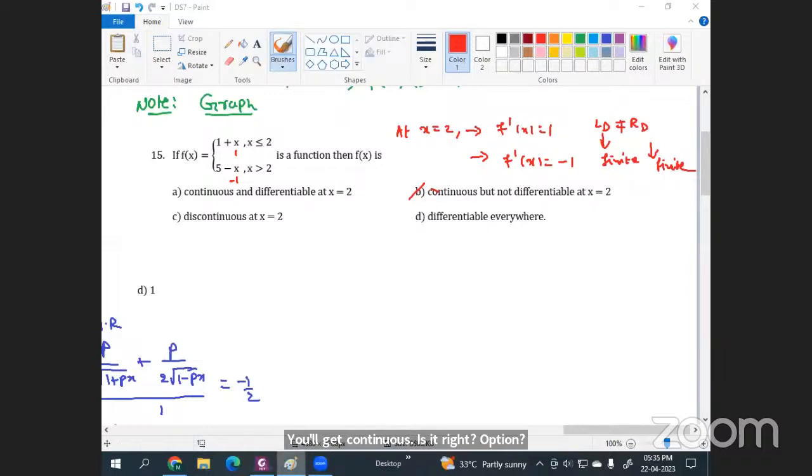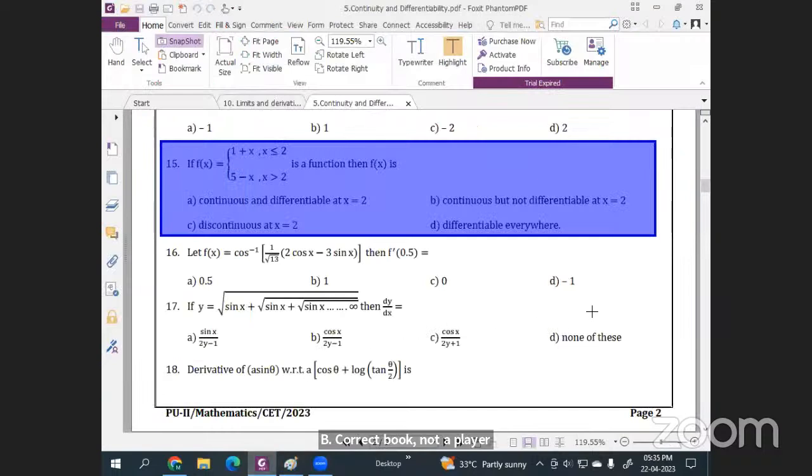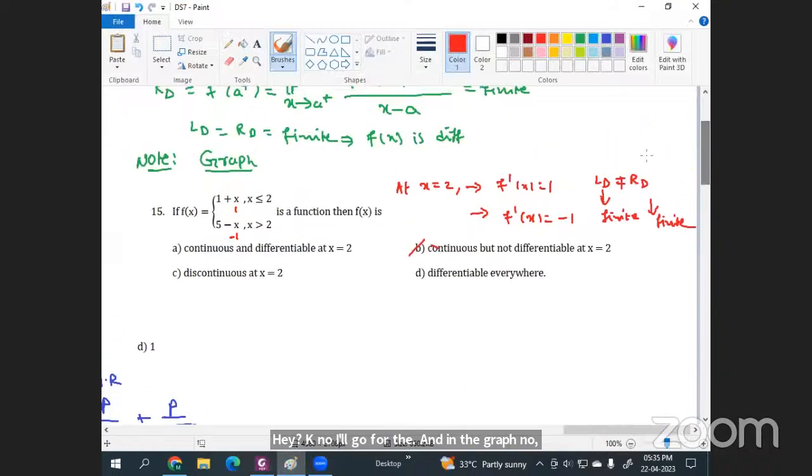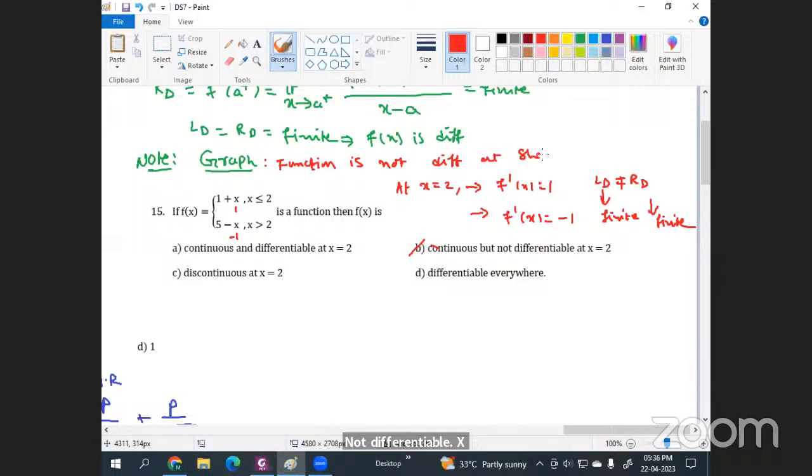Now I'll go for the graph. In the graph, there is something I want to explain. The function is not differentiable at a sharp point.